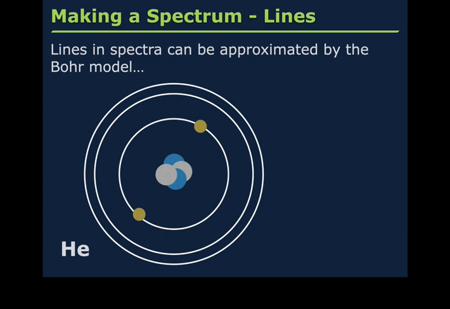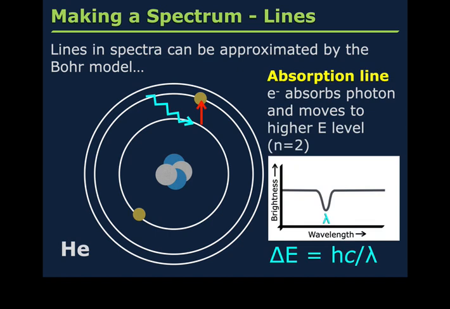So with that in mind, we consider what might happen to these electrons to change their mind and get them to shift to different energy levels. If we send a photon zooming in to strike this helium atom, and that photon hits one of the electrons in the atom, that photon is going to impart its energy into that electron. The electron is going to get very excited, it's going to absorb that photon, and it's going to hop to a higher energy level.